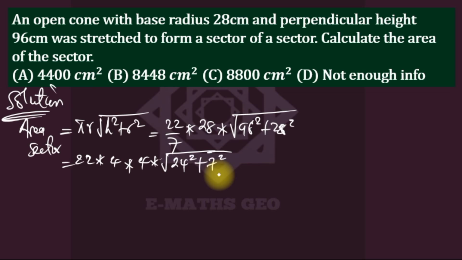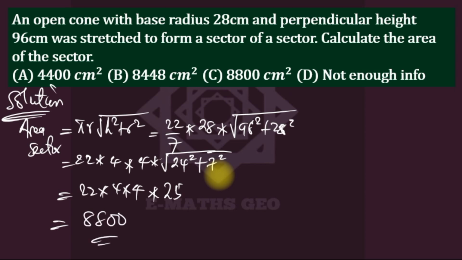Both of them have 4 as a factor. So this is 22 times 4 times 4 times the square root of 625, which is 25. So the answer is 8800 cm squared. Yes, so that is option C.